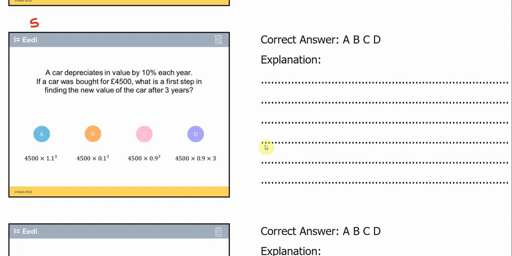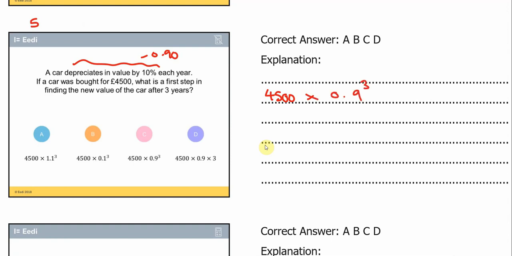Question 5. Depreciates by 10%, so that's going to reference me to 0.9. If a car was bought for £4,500, what is a first step in finding the new value? Well, let's just ignore this for now. Just do what you would do. You would do that, wouldn't you?